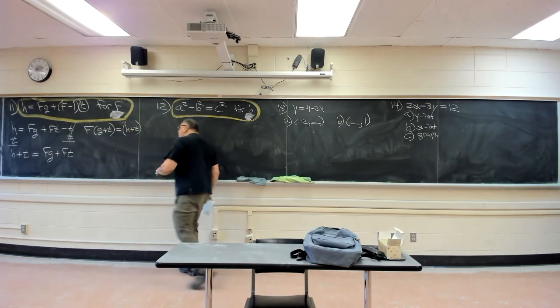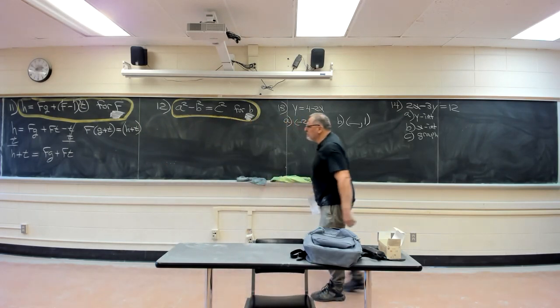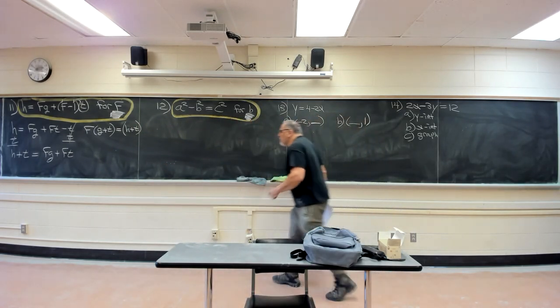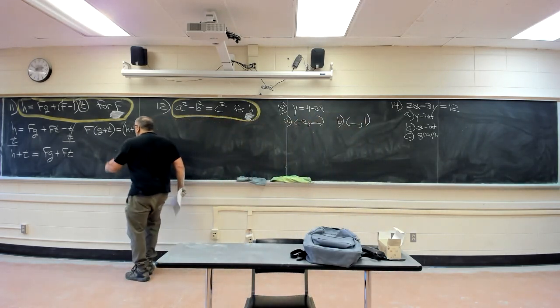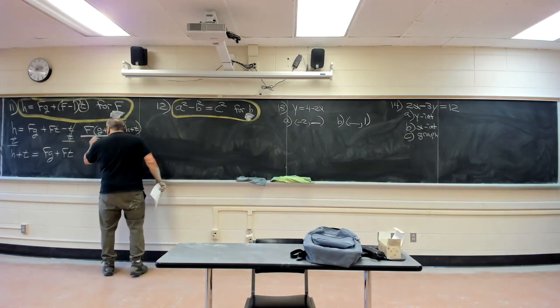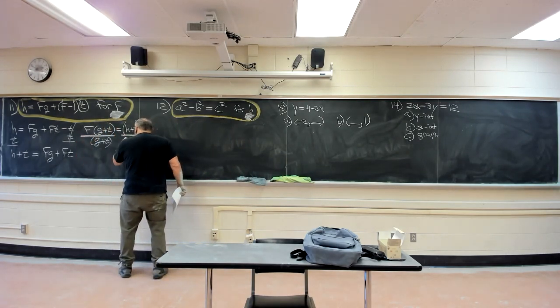Once you get to here, guys, you're basically done. You're really close to done. You take G, here you do have to take the whole quantity. It's a whole piece of a number.